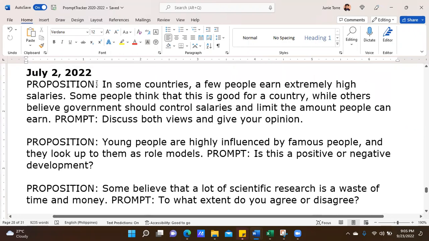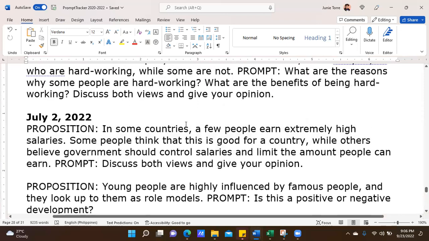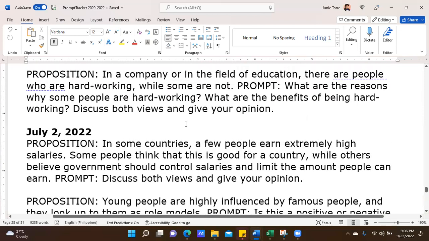Let's stop at July. In some countries, a few people earn extremely high salaries. Some people think this is good for the country, while others believe government should control salaries and limit the amount that people can earn. Di ba we encountered something like that earlier? Di ba, guys? Nire-reward lang nila yun. Very cognitive rev.